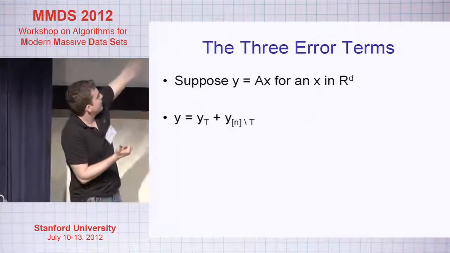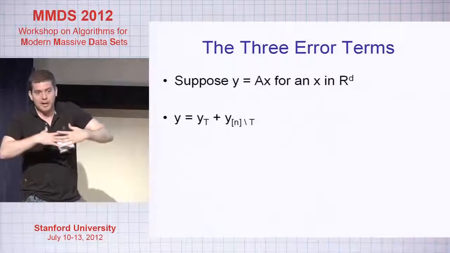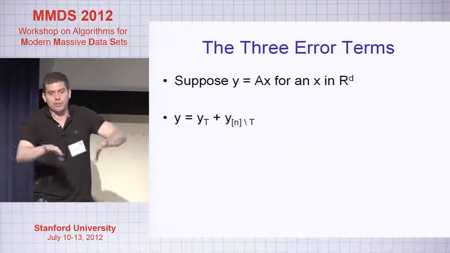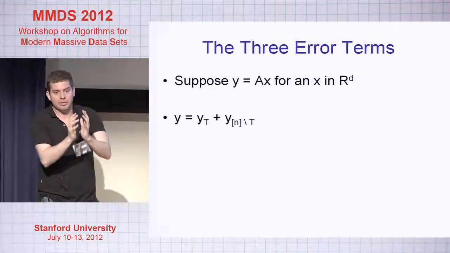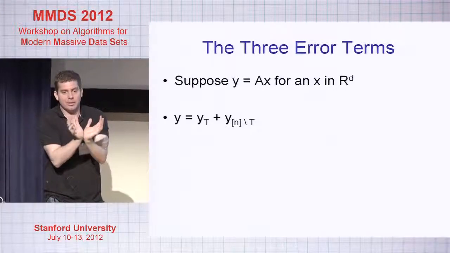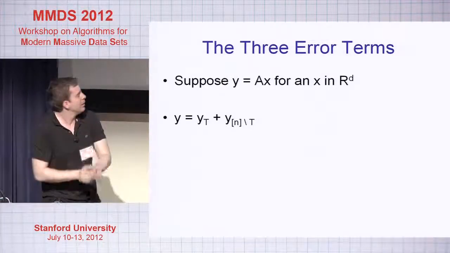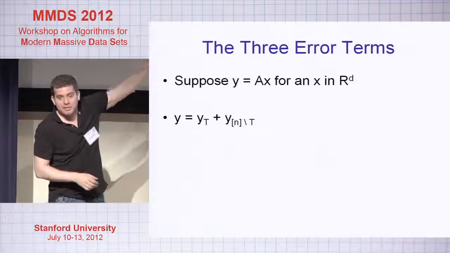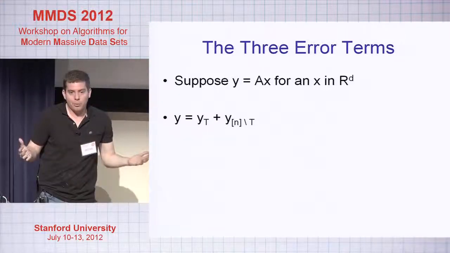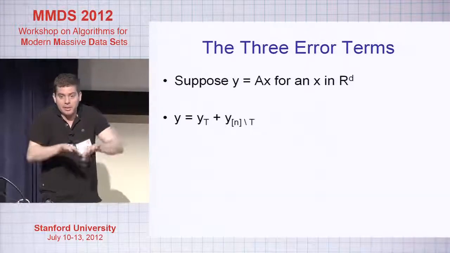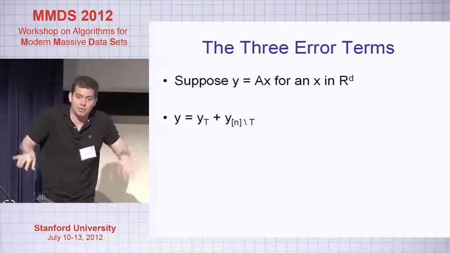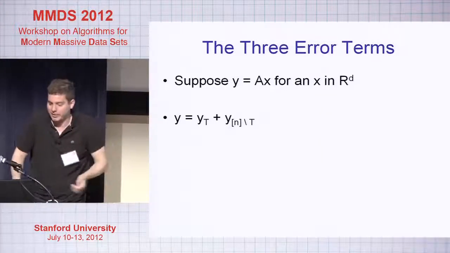Consider y sub T, which is y where we zero out all the coordinates not in the set T, and we leave the coordinates in the set T alone. And y sub n minus T, where we zero out all the coordinates in T, and we leave the coordinates in n minus T alone. So I'm just writing y like this.